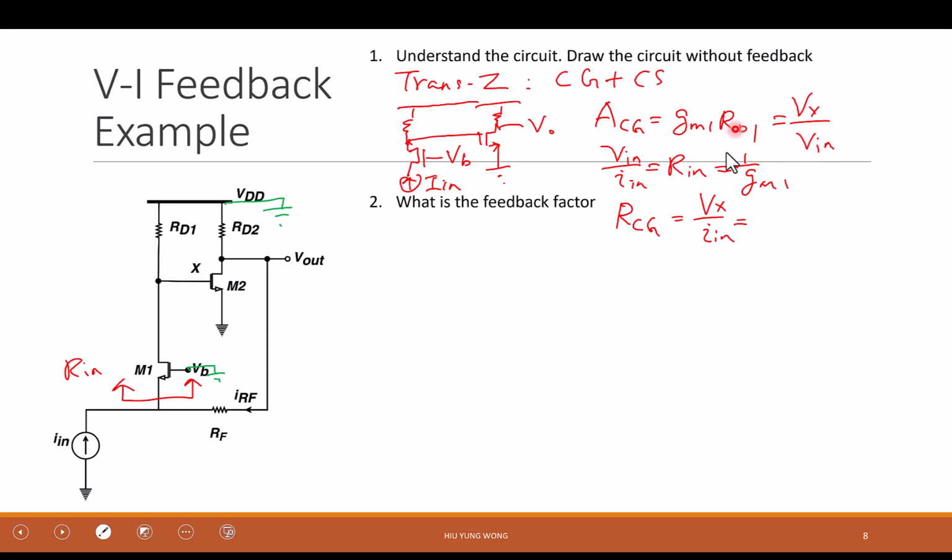So I write this as Vin gm1 RD1 divided by Iin. But we just said what is Vin divided by Iin: 1 over gm1. So that got cancelled. So the gain is just RD1.